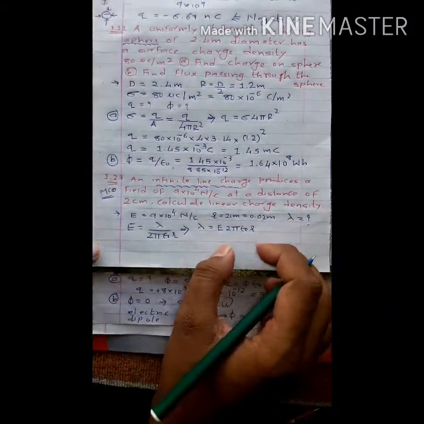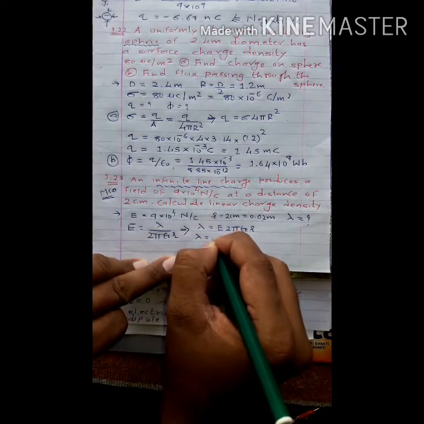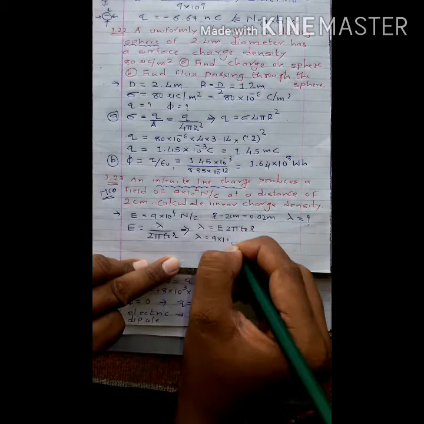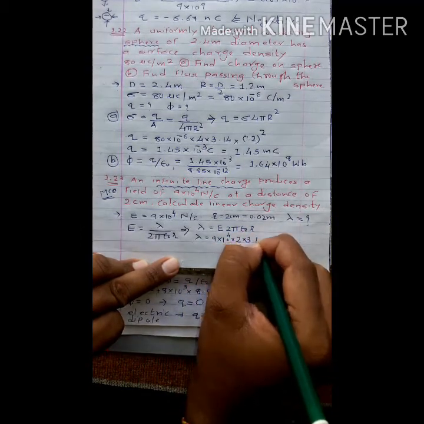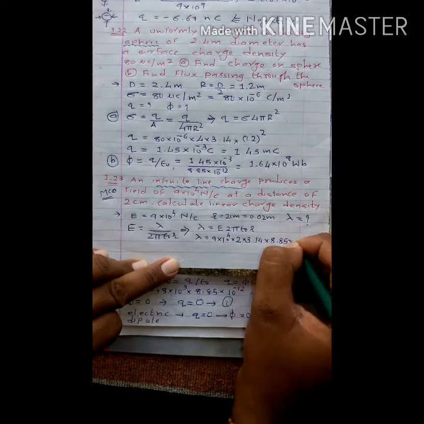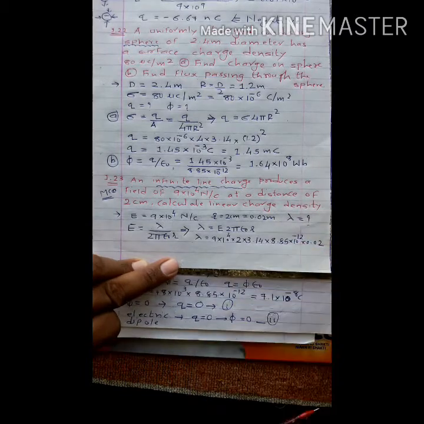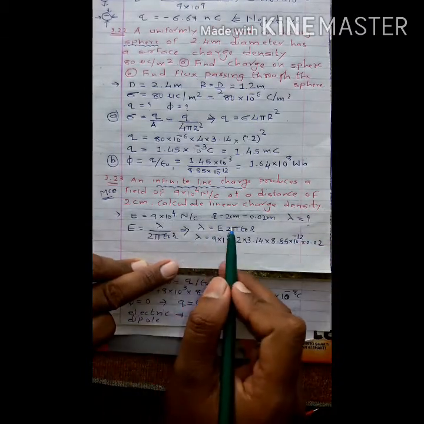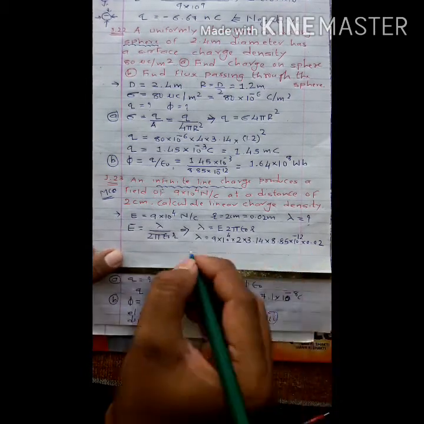Now substitute all given quantities. Lambda is equal to electric field 9 into 10 to the power 4, into 2 pi, 3.14, into epsilon 0, 8.85 into 10 raised to minus 12, and distance 0.02. The electric field is given, 2 pi is constant, epsilon 0 is also constant, and distance is also given.